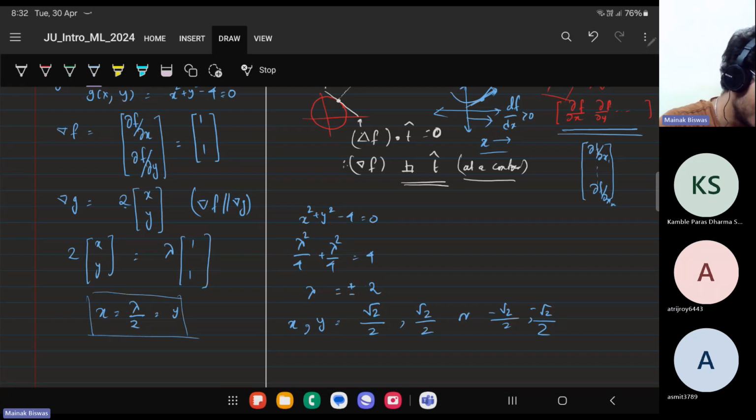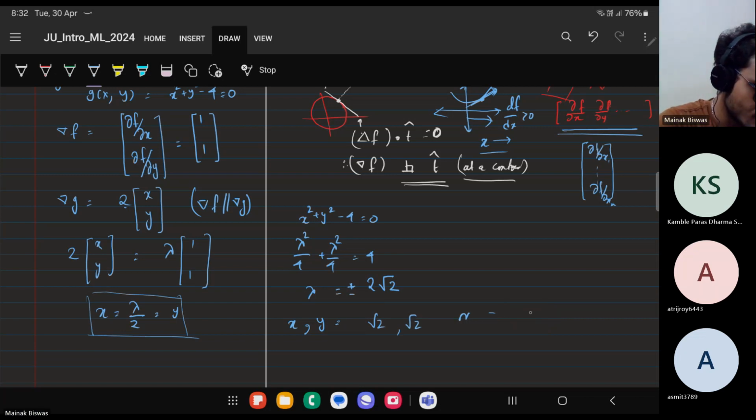Yes. Correct? So x comma y is root 2. Sorry.